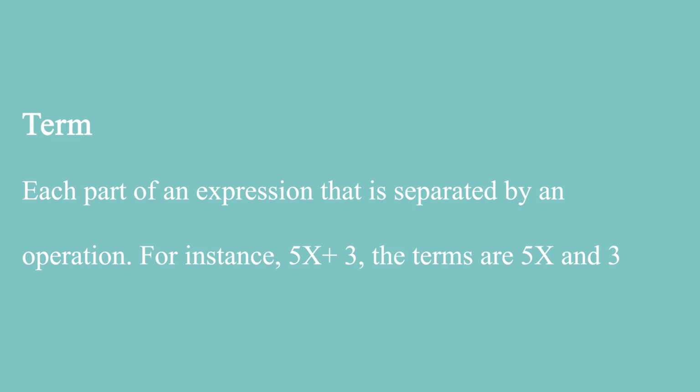Then the 3 is also a term. Therefore, this expression, 5x plus 3, consists of two terms, that is to say, the 5x and the 3. Each part of the expression forms what we call a term.